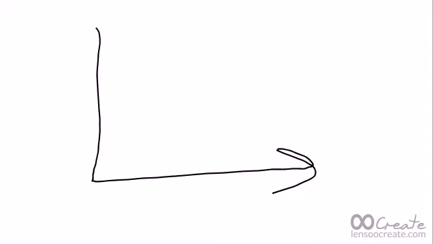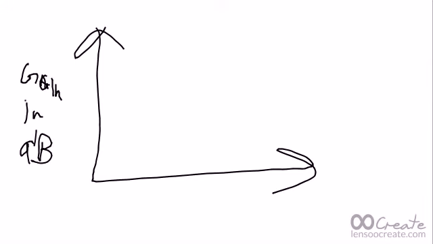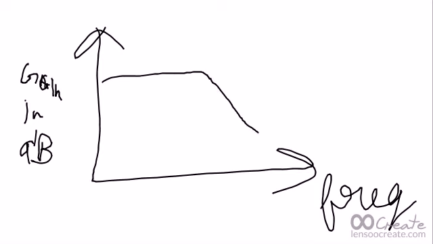So this is the graph. Our gain in dB, and this is our frequency. Our graph is somewhat like this. This is our AF.